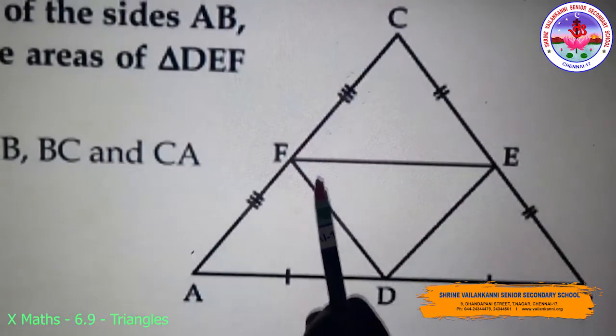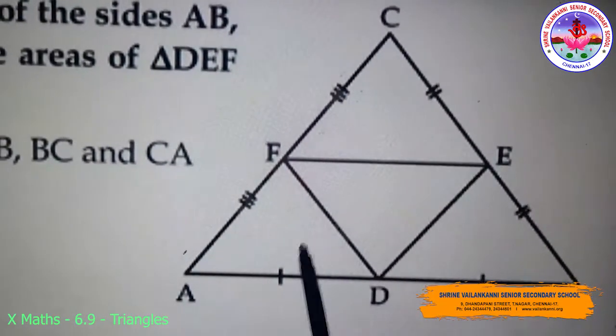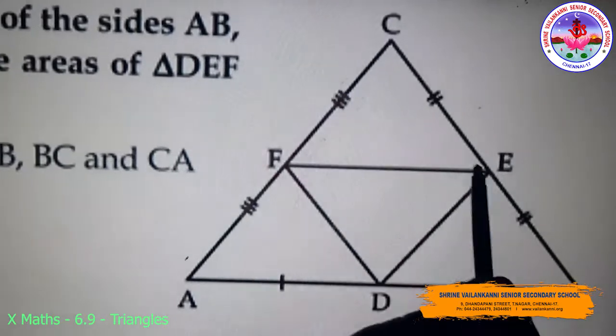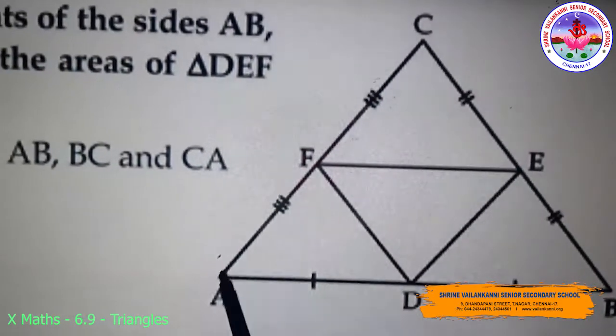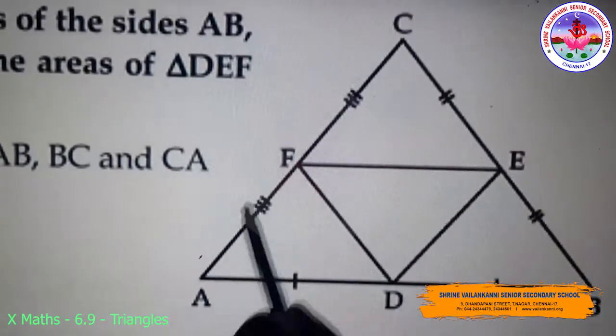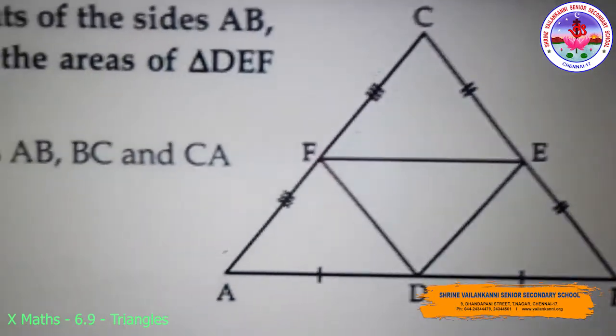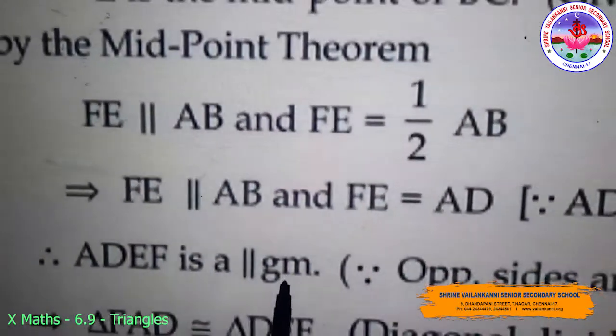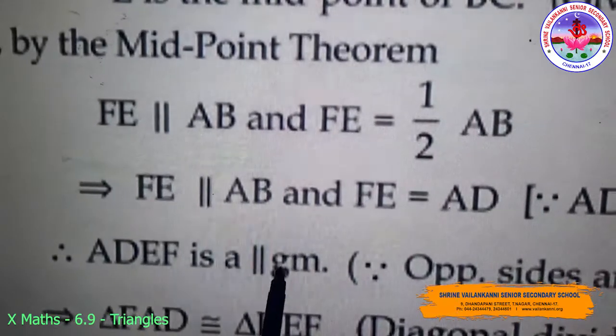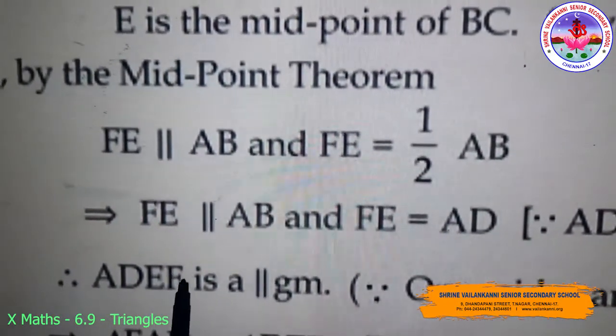So opposite sides are parallel and equal, so the figure formed will become a parallelogram. So I can say that ADEF is a parallelogram. We know that in a parallelogram, the diagonal divides the parallelogram into two congruent triangles.